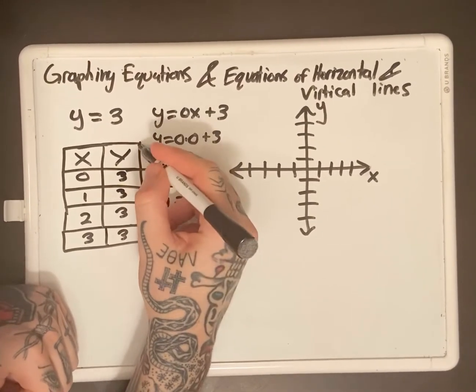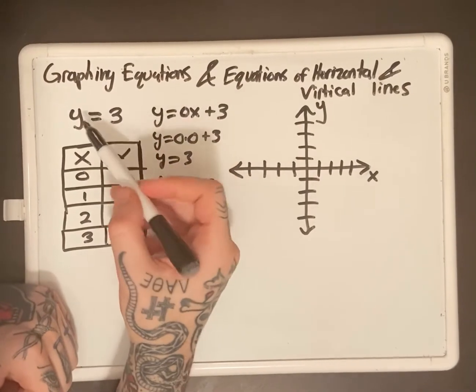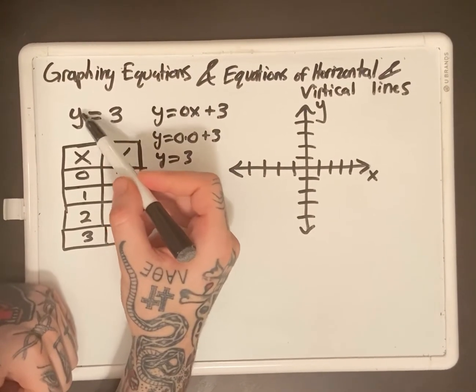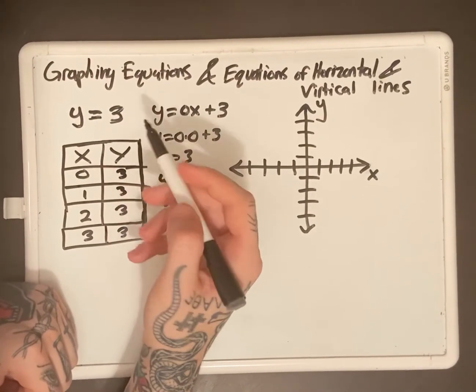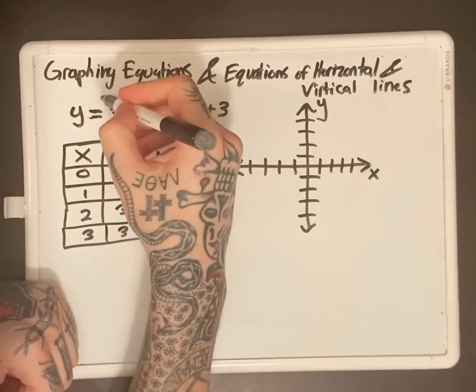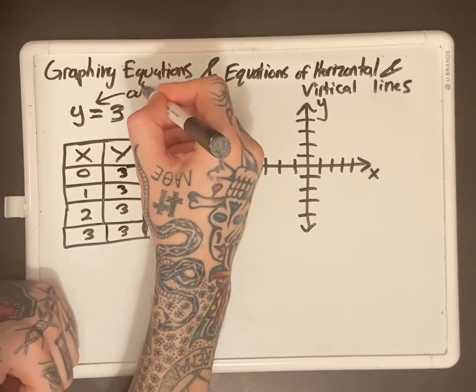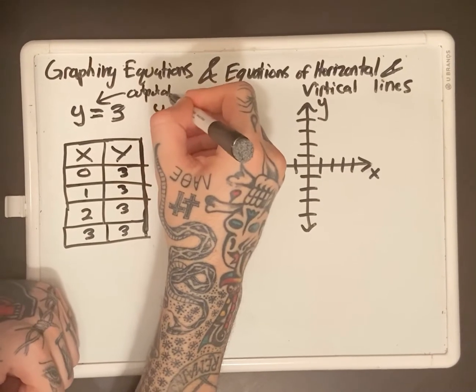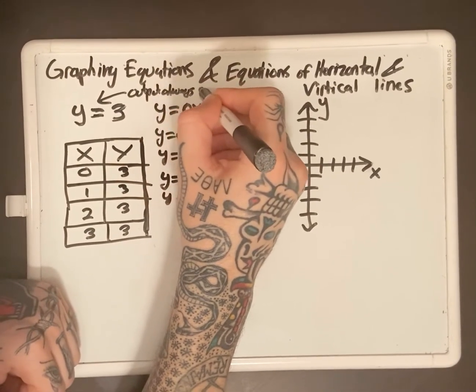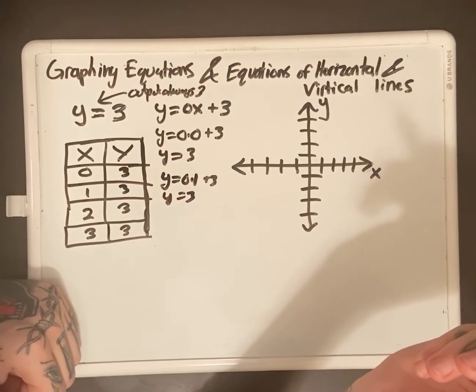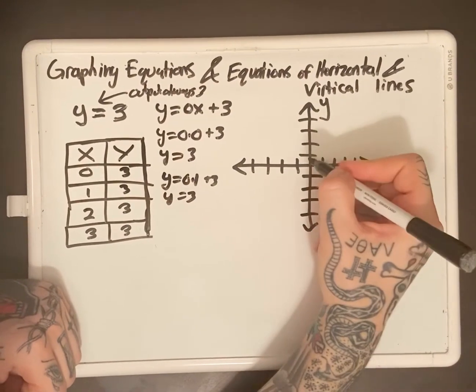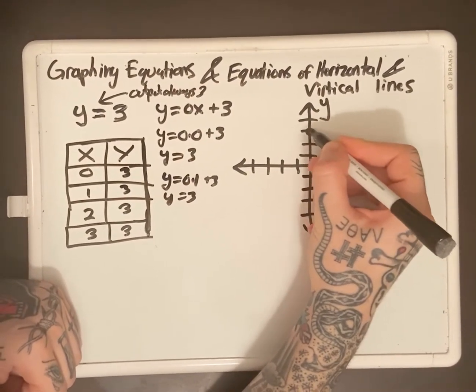So another way of thinking of it is it's telling us the output is always 3. Always 3. So the graph of that is just going to look like this.